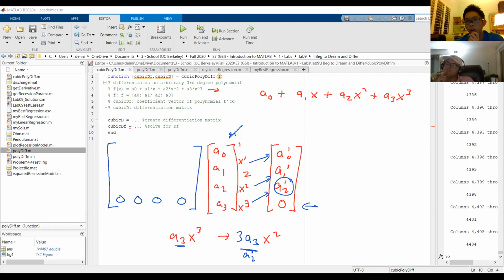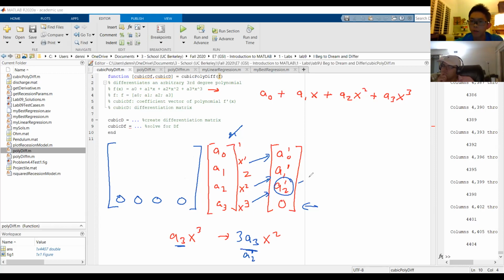What about the third row? How do we get our a2 prime? I know the answer, but I want to see if you can understand what's going on here. How many of a0, a1, a2, a3 do I need to get this a2 prime? These are my ingredients.